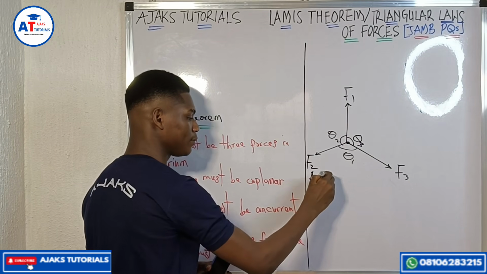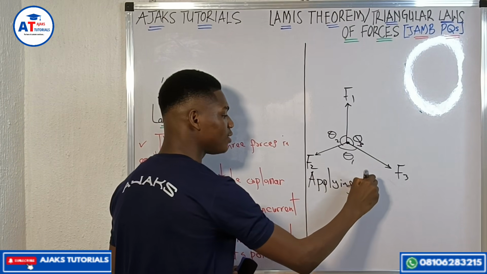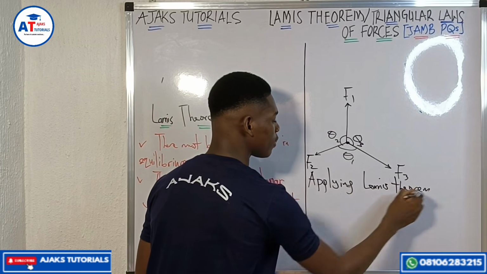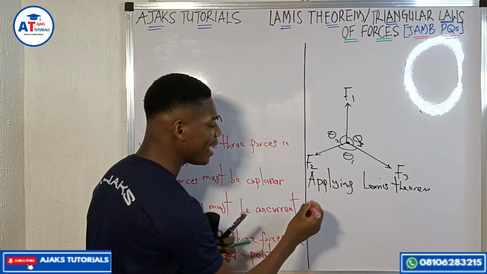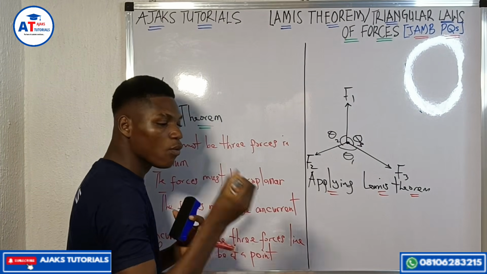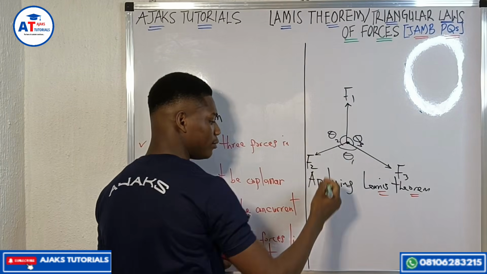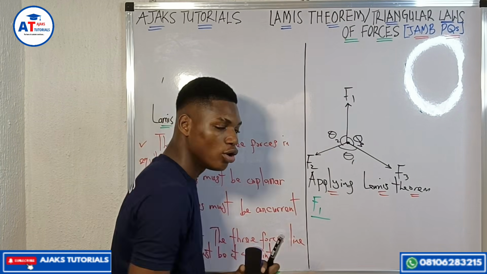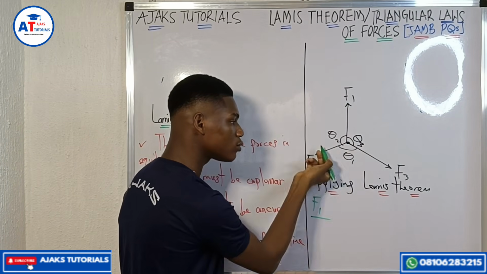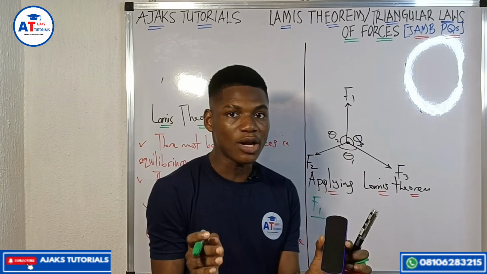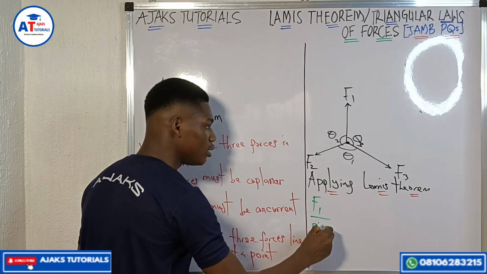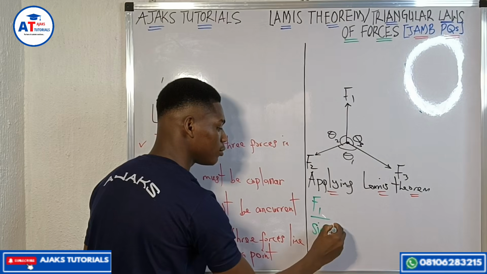So, applying Lami's theorem, this is how it's going to work. You pick one of the forces, F1. Having picked that force, you take the sine of the angle between the two other forces, so F1 over sine theta 1.